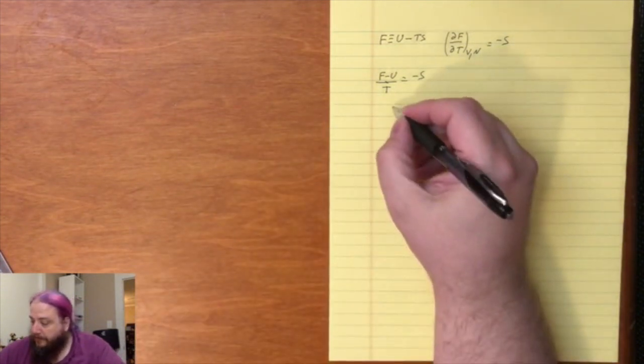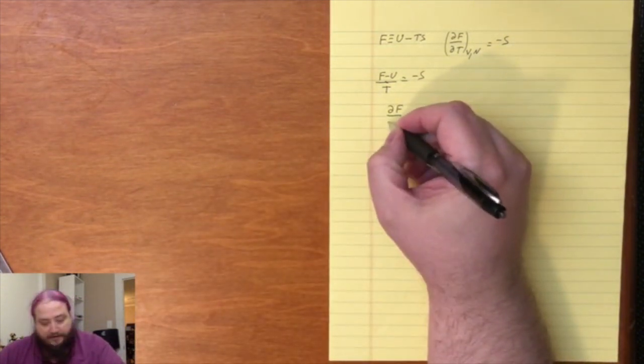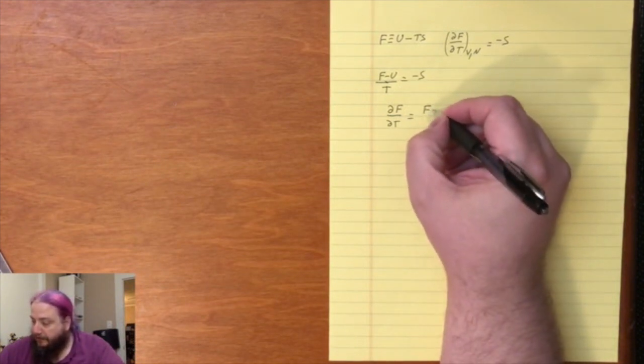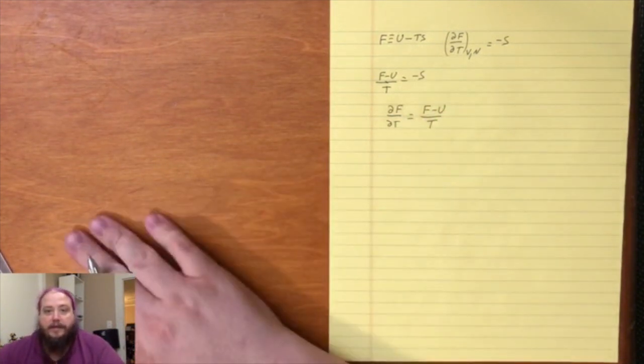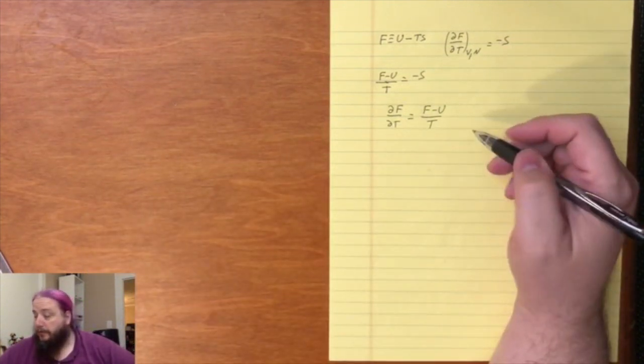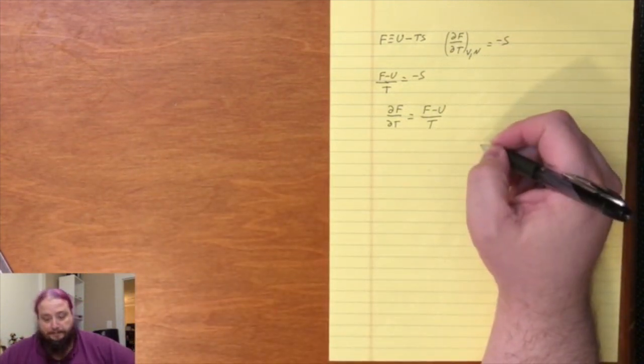So in other words, that gives us dF/dT equals (F minus U) over T. And this is a partial differential equation for F of T.